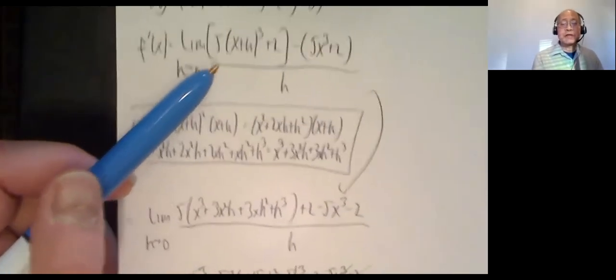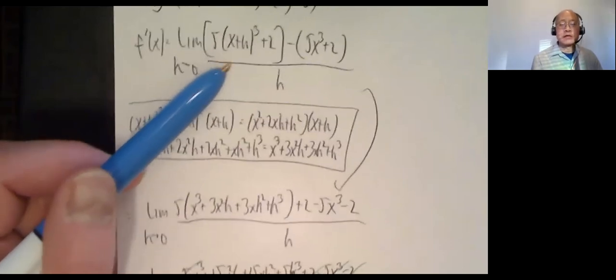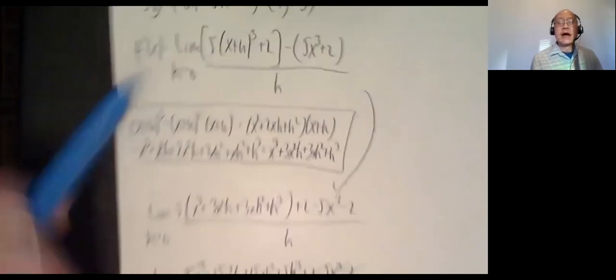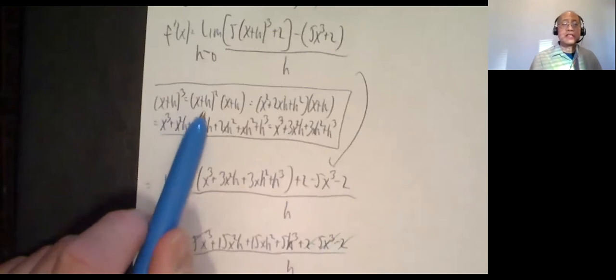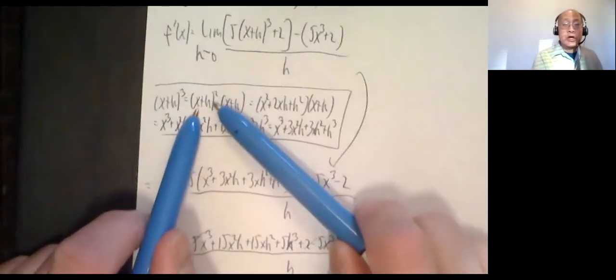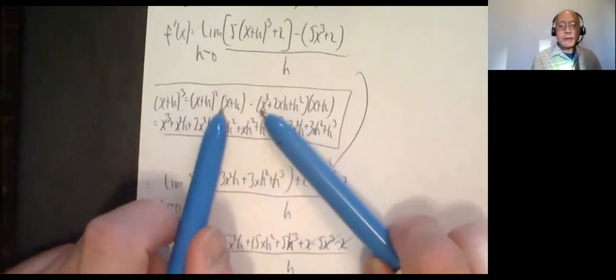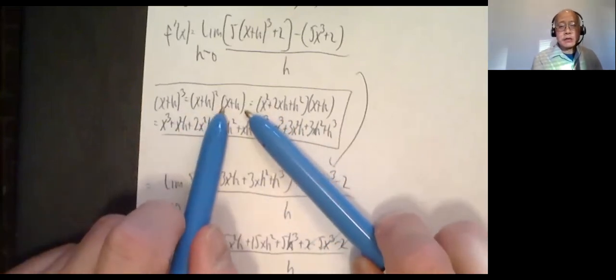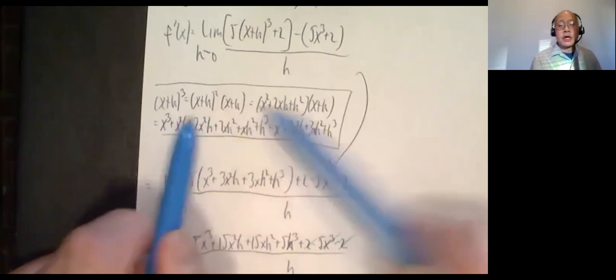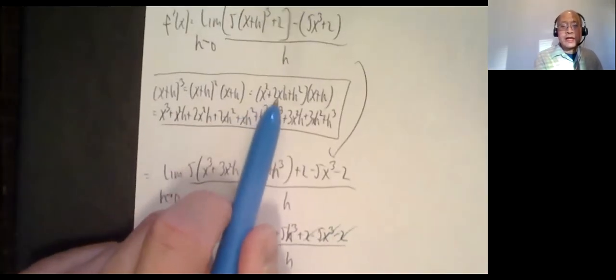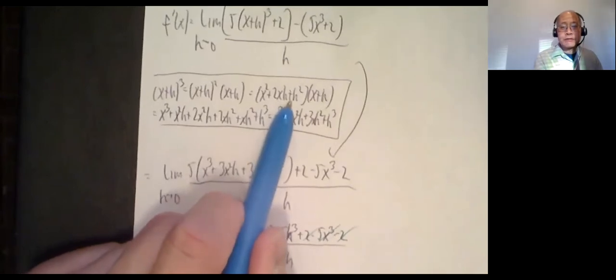Figure out x plus h cubed. X plus h times x plus h times x plus h. I do have a shortcut for x plus h squared. So I'll take the shortcut for x plus h squared and multiply that by x plus h. Okay, what is x plus h squared? X squared plus 2xh plus h squared.